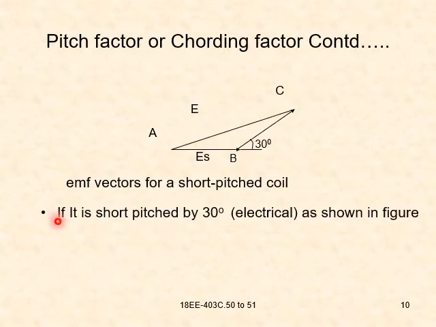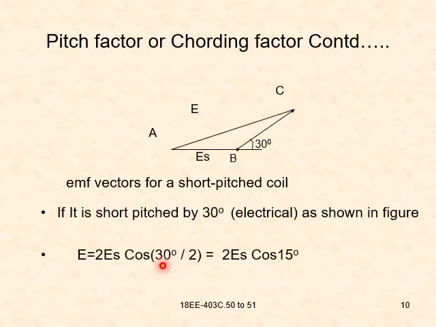So you can observe over here that if it is short pitched by 30 degrees electrical as shown in the figure, then E is equal to the new E. This is one ES and this is the other ES. Now the actual induced EMF E is equal to 2 ES cos of 30 by 2.